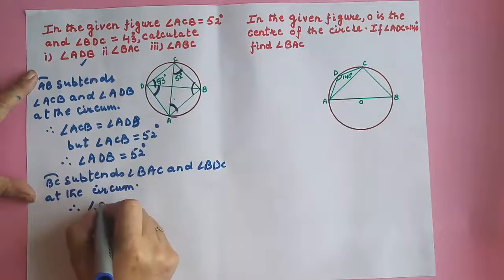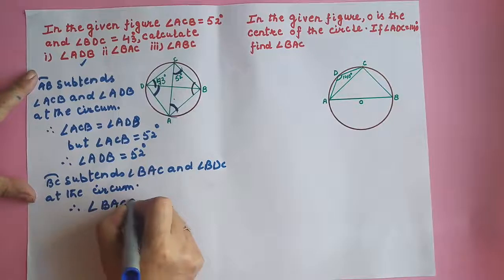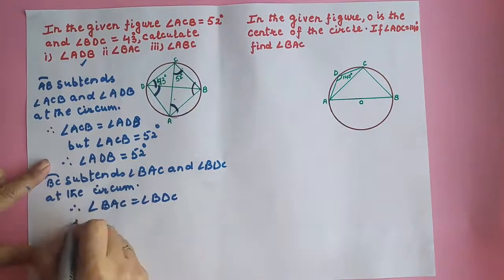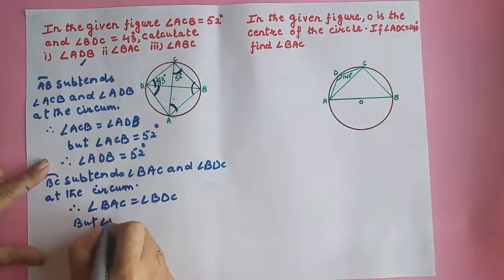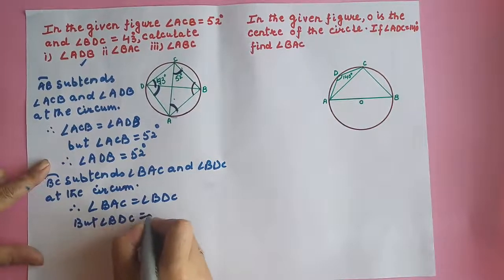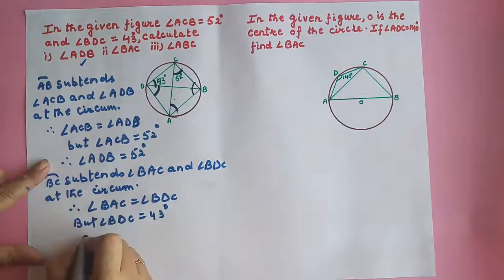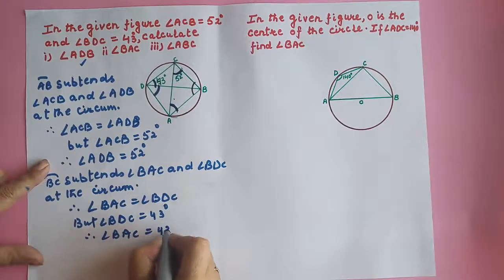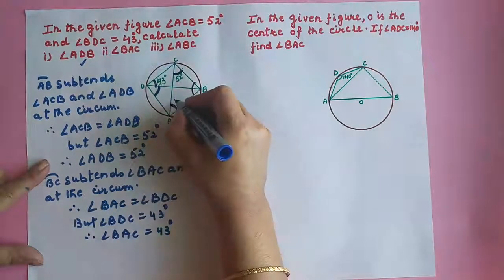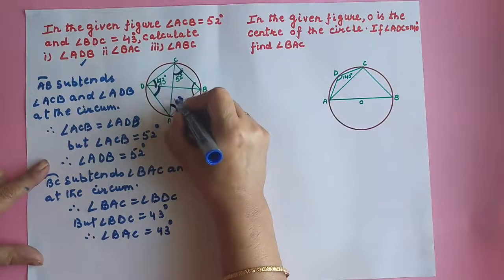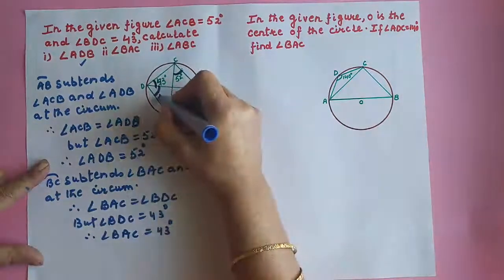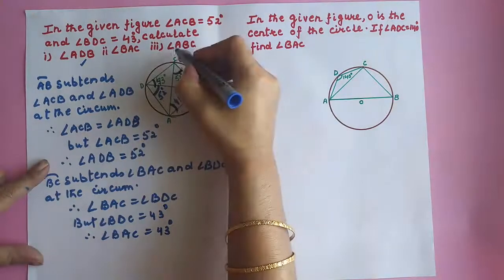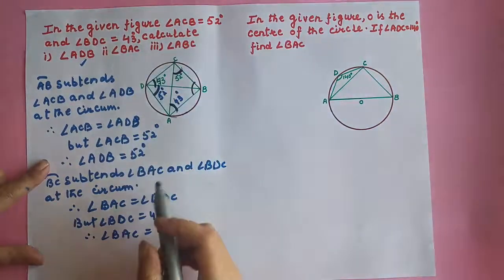Therefore, you can say that angle BAC is equal to angle BDC, but angle BDC is equal to 43 degrees. Therefore, angle BAC is also 43 degrees. So we got this angle also 43, right? This we have got 52 degrees. Now, he wants us to calculate angle ABC.